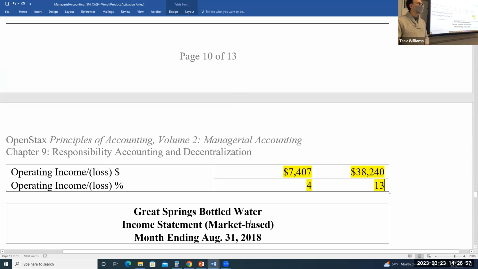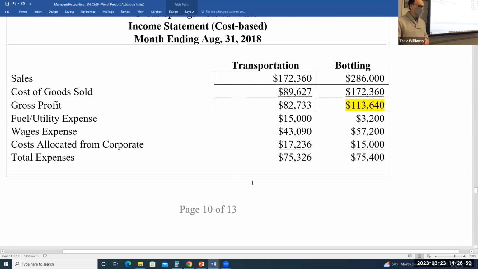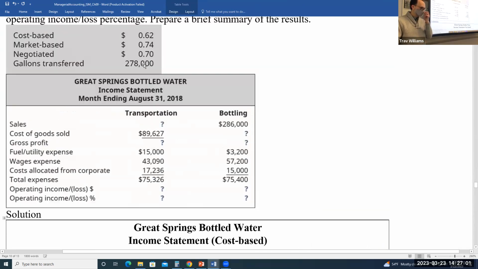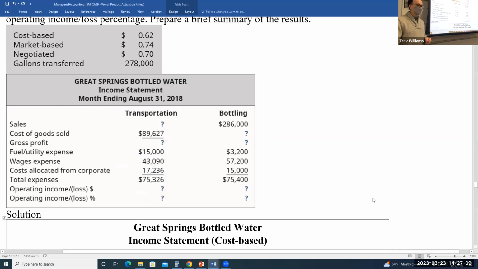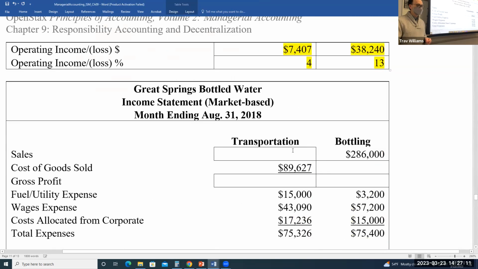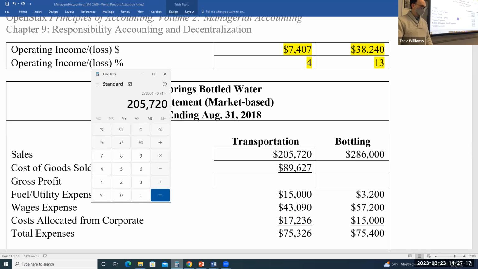Then next we're going to do the market-based price, which was 74 cents per gallon times the 278,000 gallons. So 205,720. Subtract cost of goods sold.